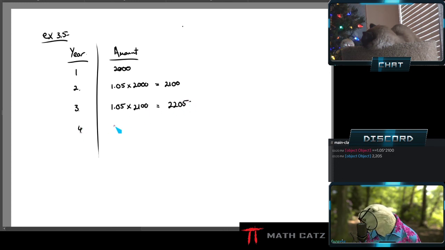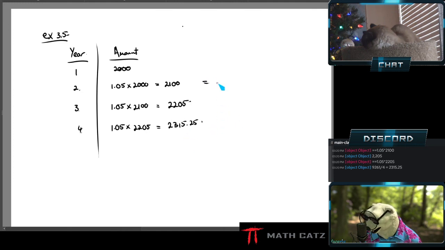Let's do one more. Then for the next year, that 2205 is sitting there, and that gets interest of 5%, and we get 2315 and 25 cents.